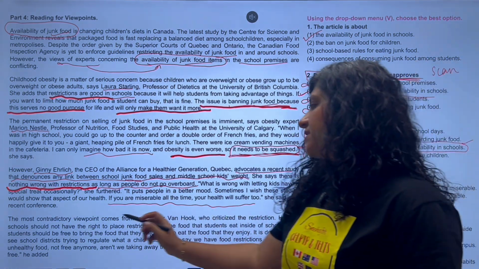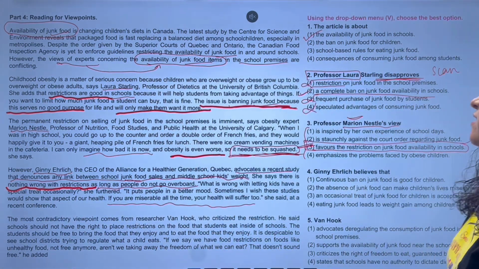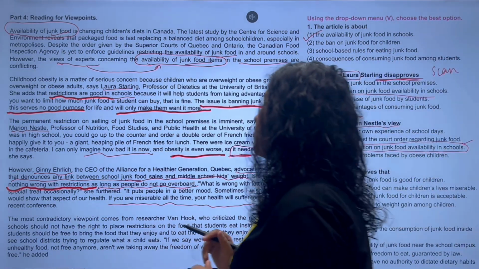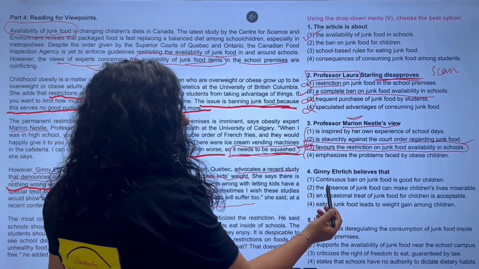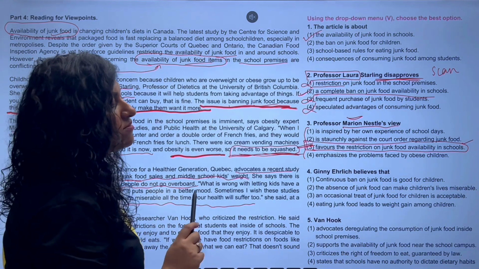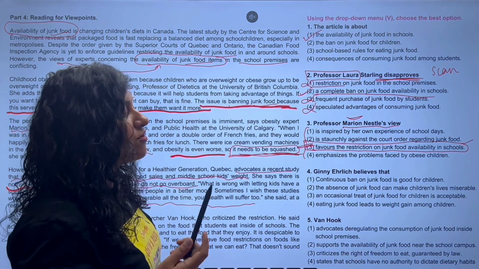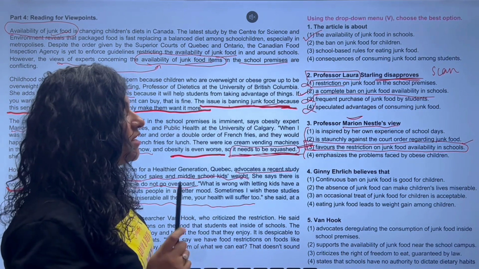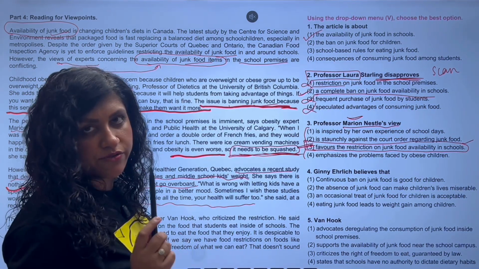Then she says at a recent conference, this thing, right? So what's the viewpoint of Ginny? Continuous ban on junk food is good for children. Absence of junk food can make children's lives miserable. Occasional treat of junk food for children is acceptable, or eating junk food leads to weight gain among children.